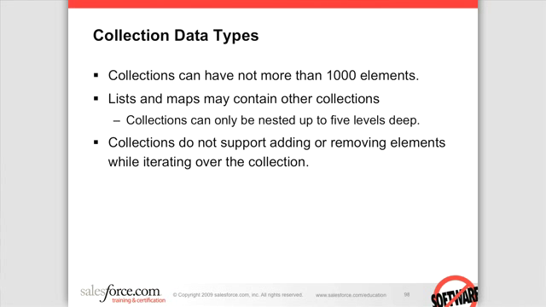One thing to watch out for is collections do not support adding or removing values while you are iterating over that collection. It does not handle that situation where you're changing the size of the list while you are, for instance, going through a for loop.